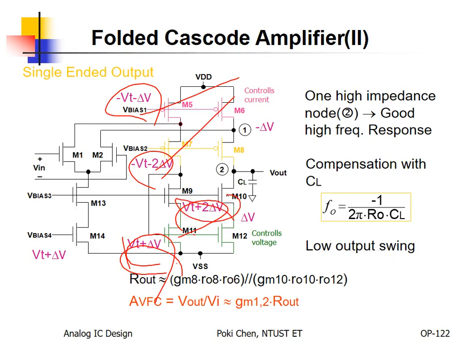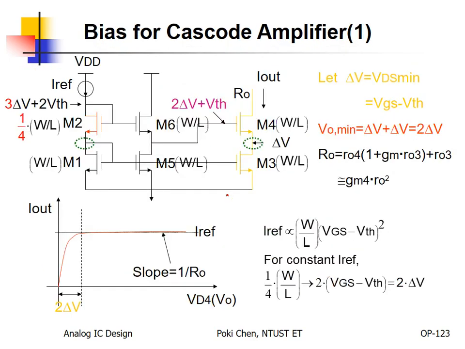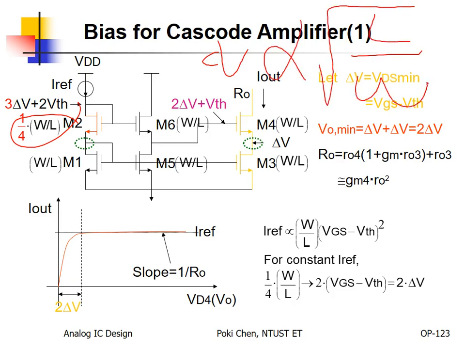I think the simplest should look like this. Weeks ago I told you delta V. So how to make 2 delta V? 4L. That's it. And this is the reason why here. For the detail, just derive it by yourself.